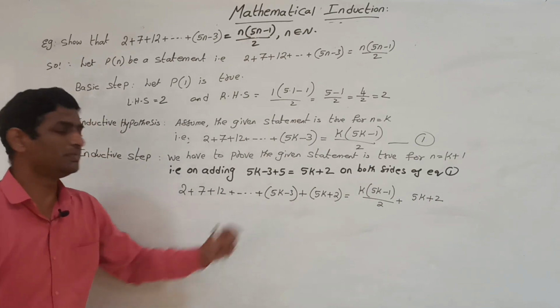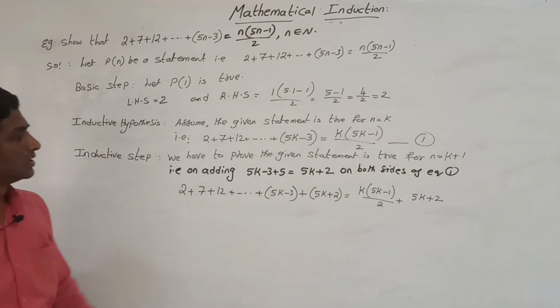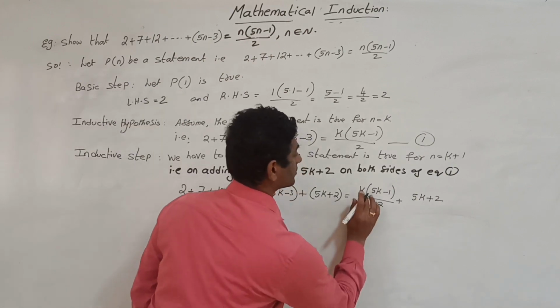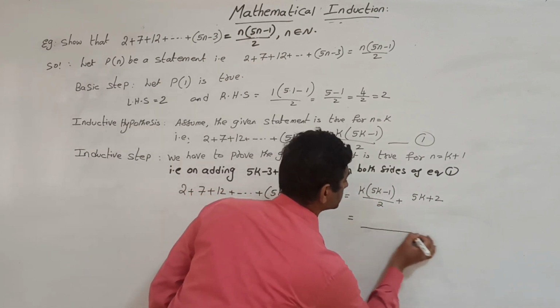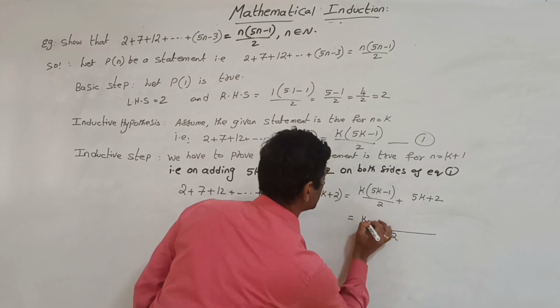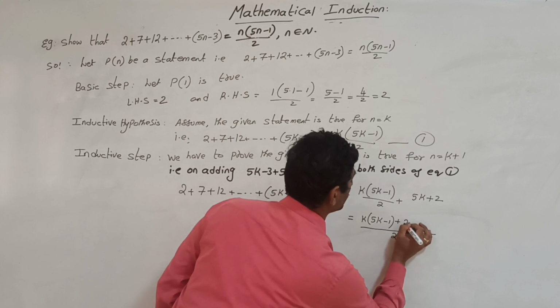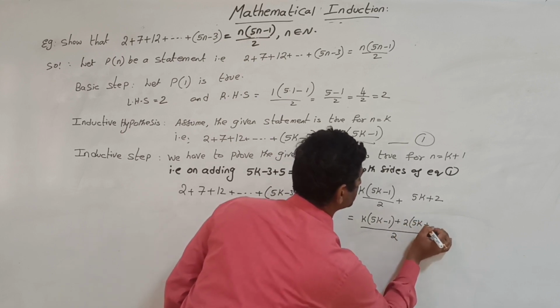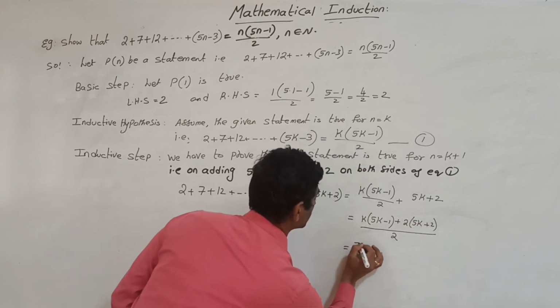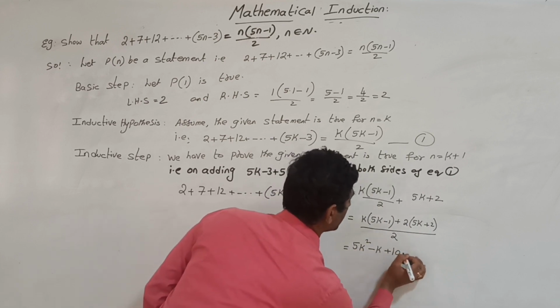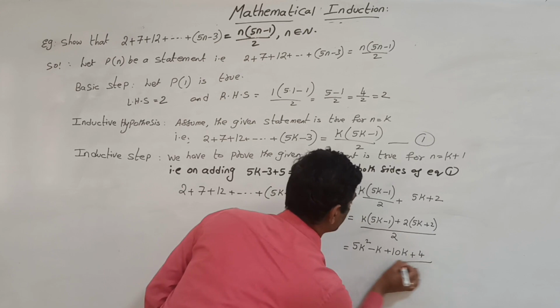Now the LHS will be the sum of k plus 1 terms. Now if you simplify, what will you get? If you take LCM, this will be k times 5k minus 1 plus 2 times 5k plus 2, that is 5k square minus k plus 10k plus 4 by 2.